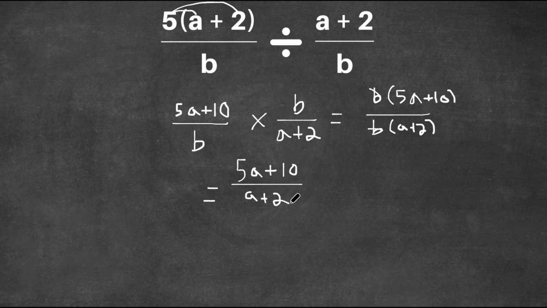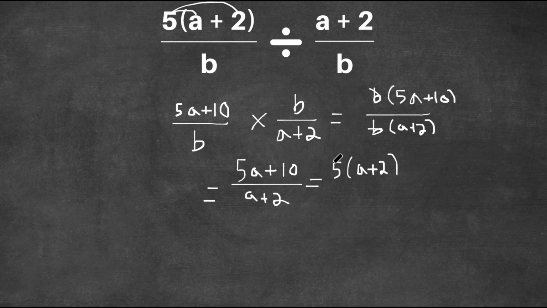And we can actually simplify this a little more. Remember before when we distributed our 5 to our a plus 2? Now, because we already have an a plus 2 on our denominator, why don't we bring this back? So let's change this back to 5 times (a plus 2). Generally, when you have dividing rational expressions, you should distribute.